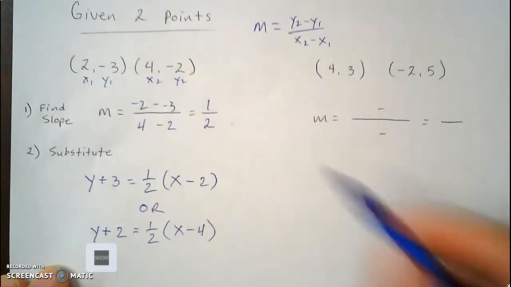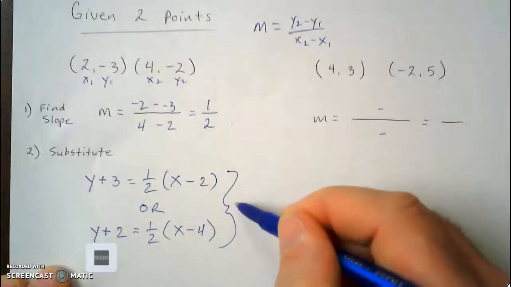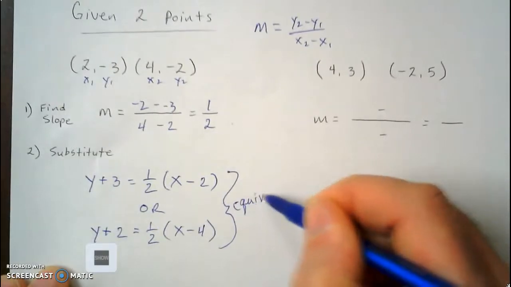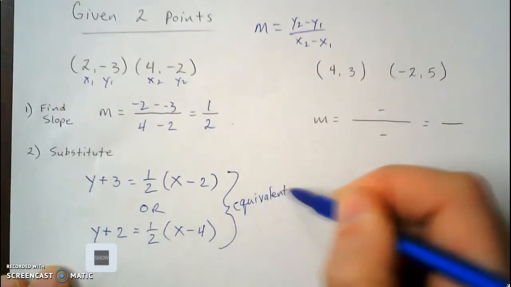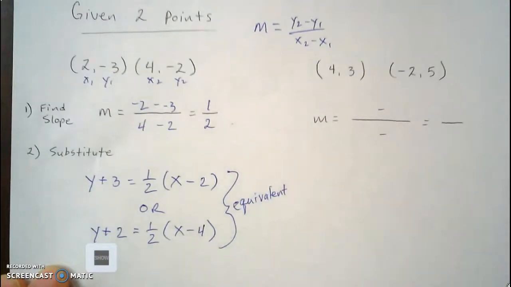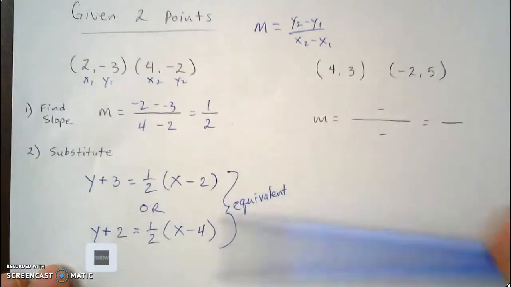These are the same answers. I'm going to write equivalent because in math that means they look different but they're the same. And I will prove that another time, but if I did the distributive property and rearranged this into slope-intercept form, they would both shake out the same. You just have to trust me on that. Either answer will be fine.